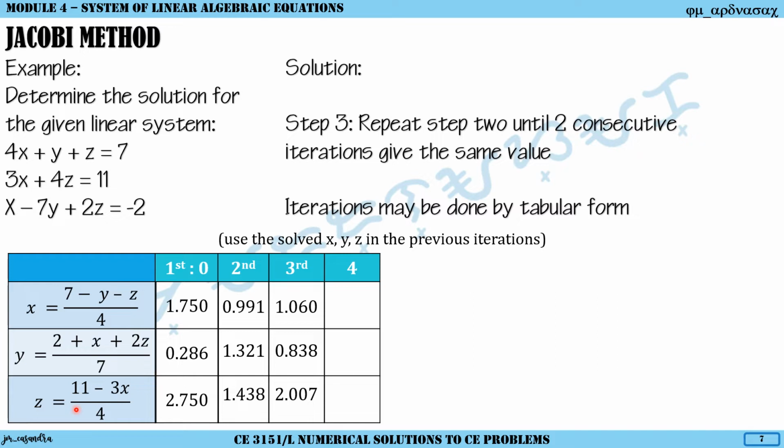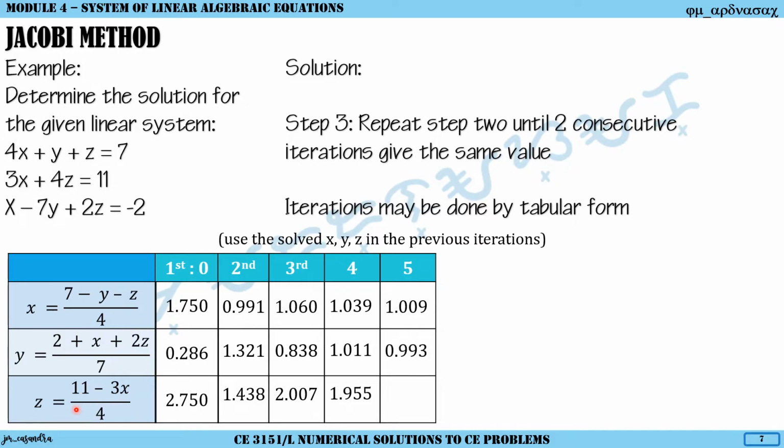So for the fourth iteration, it will give us for x 1.039, y 1.011, z is 1.955. So still not the same, so we move to the fifth iteration. So for iteration 5, if we substitute the values in iteration 4, it will give us 1.009, y 0.993, z 1.971.